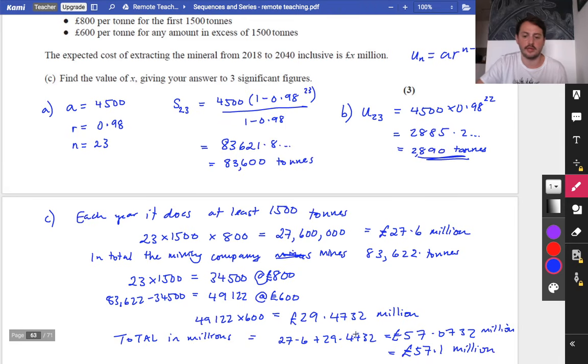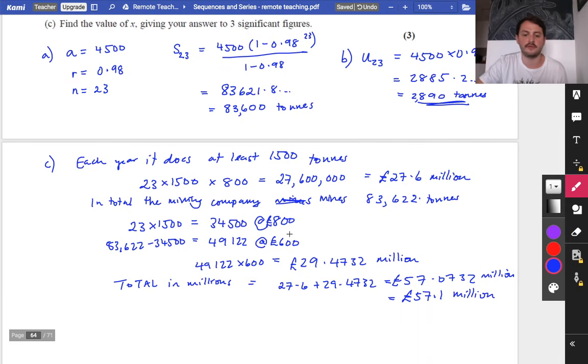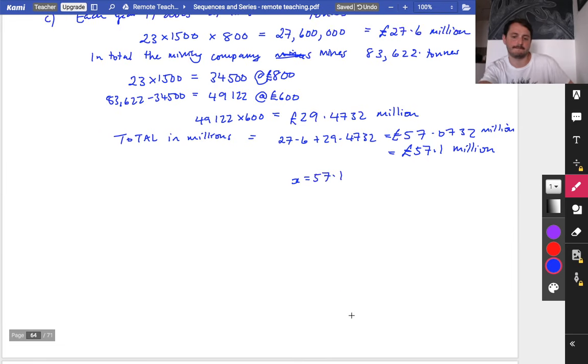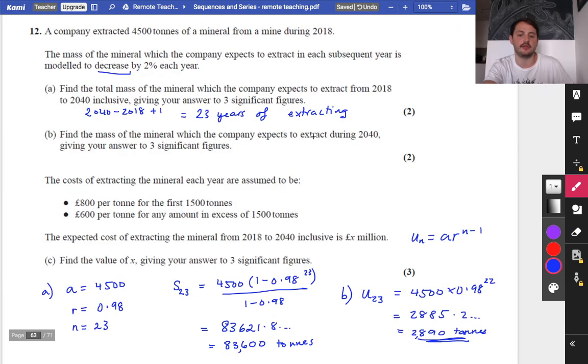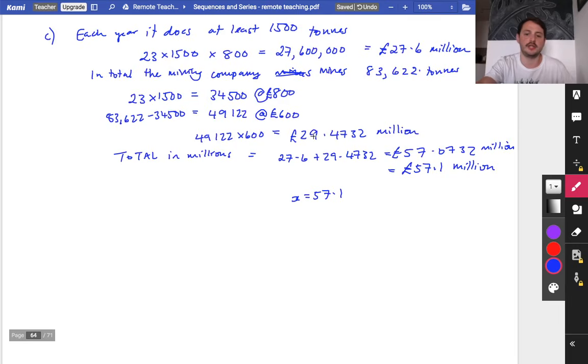So X is equal to 57.1. Let's see if we got it right. Great, X is 57.1, 2,890 tonnes to three significant figures and 83,600 tonnes, just as we did.